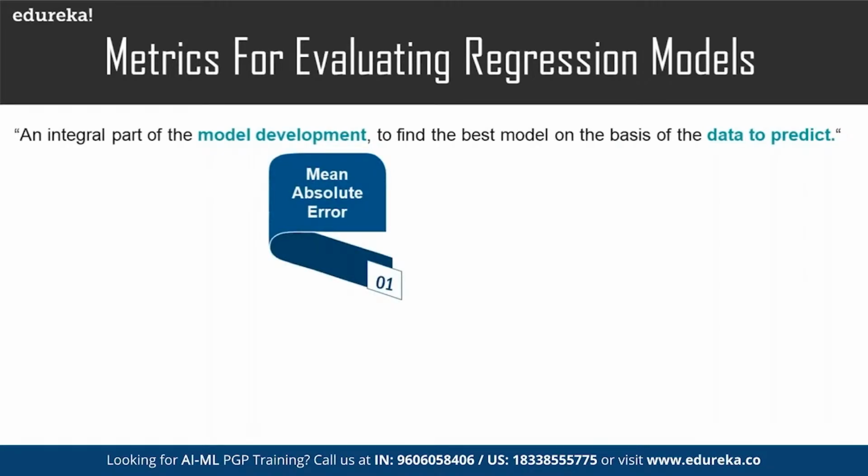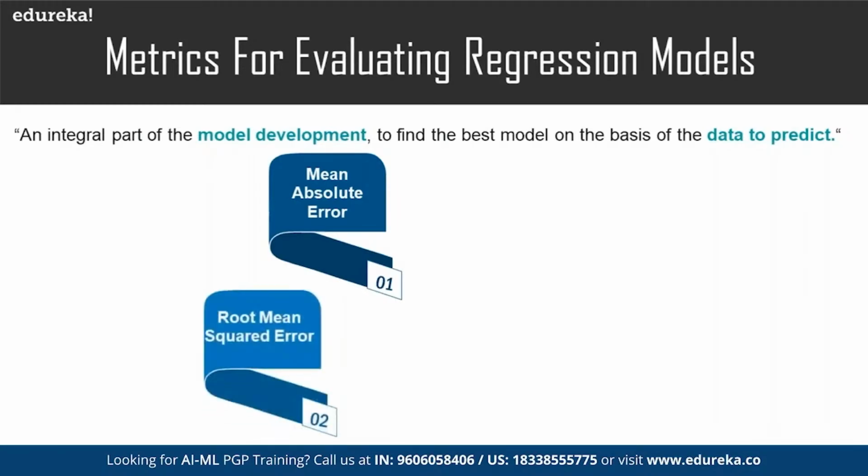So the next one, the mean absolute error, is such an important metric, and root mean squared error, or RMSE in short, and mean absolute error, MAE in short. And again, we have mathematical formulas given for all of these, and RMSE is the predominantly and most used error metric while we go about evaluating a regression model.